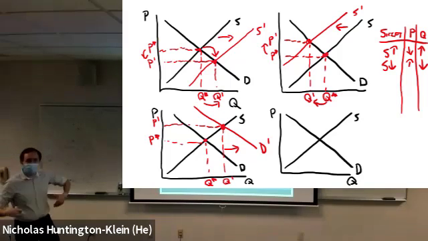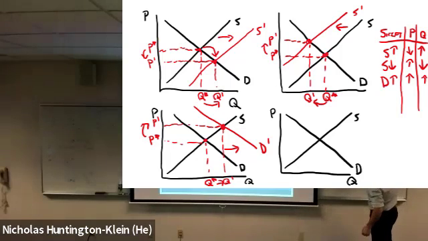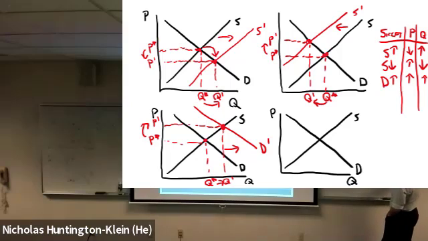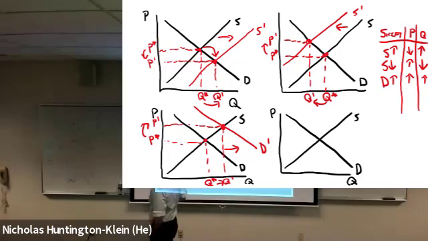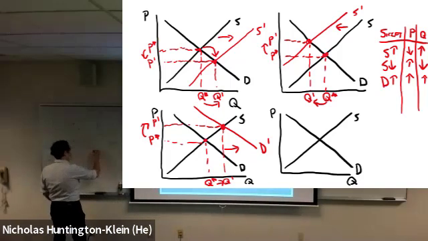So at a given price, I want to buy more of this thing. So I'm going to buy more of it because I want to buy more of it. And I'm willing to pay you more to do it because I really want this thing more now. So demand goes up. We're going to see an increase in price, increase in quantity. Again, no surprises here.